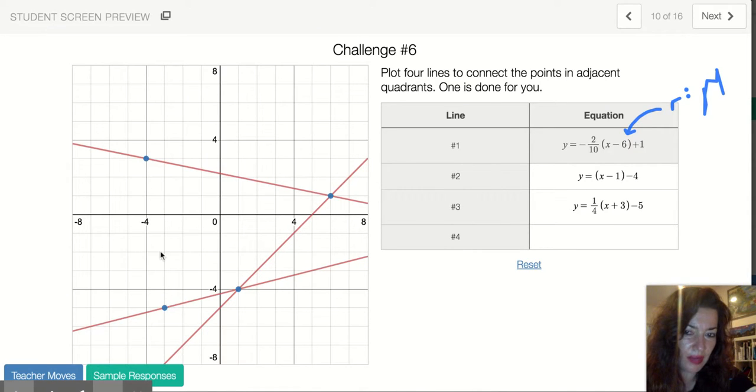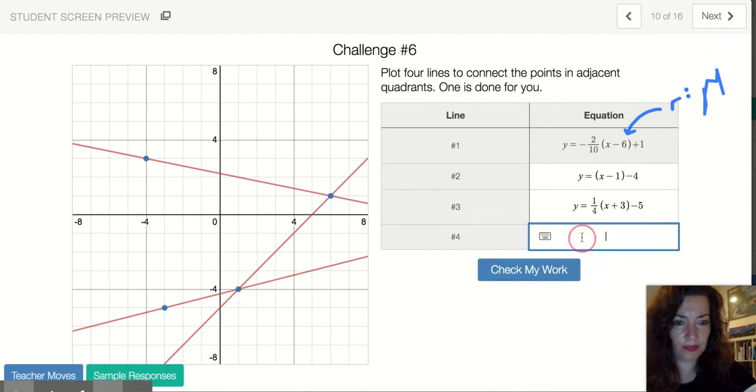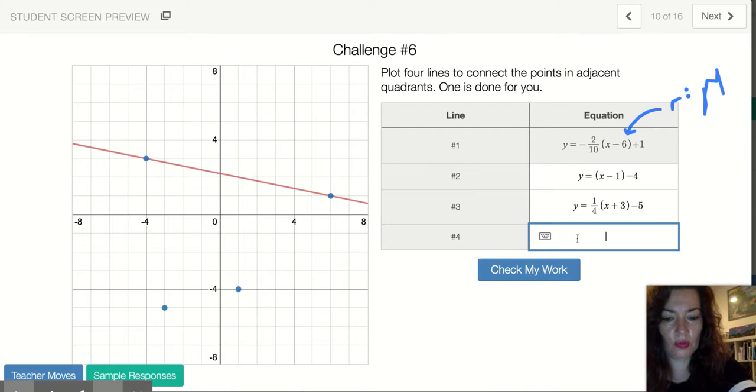All right, if you want to stop the video here and see if you can figure out how you can make these 2 points cross, let's do that. Okay, so I'm going to check this point here, and I'm going to count how it moved from 0. It moved 1, 2, 3, 4 to the left and up 3. So I'm going to write y equals x plus 4, and then up 3.